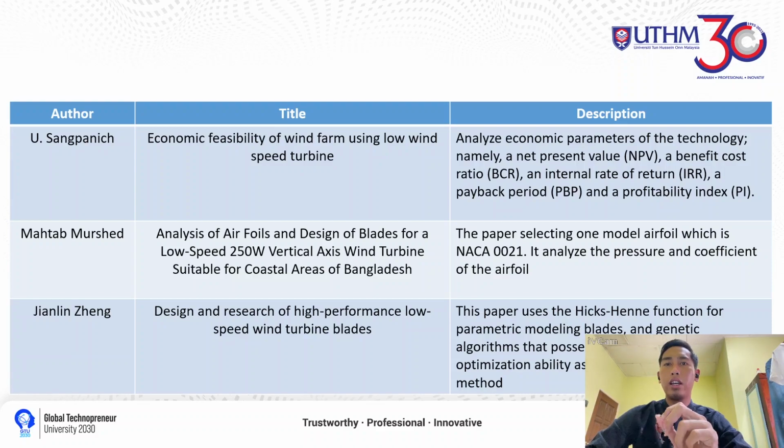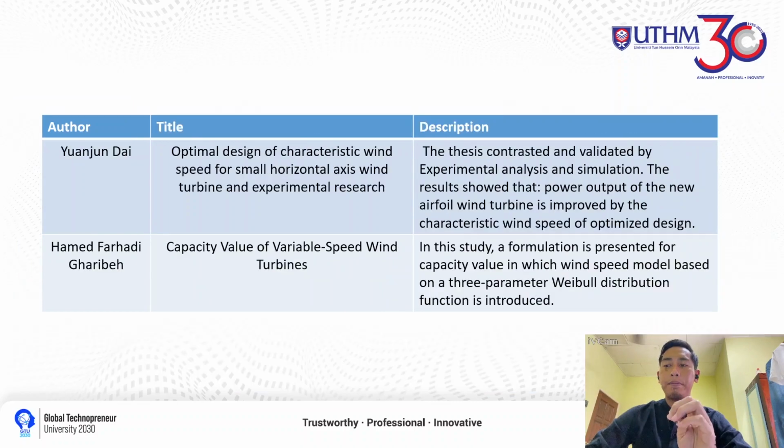Okay, lastly, from China, design and research of a high performance low speed wind turbine. After that, they chose the optimal design of characteristic wind speed for a small horizontal axis wind turbine, and experimental research. This thesis contrasts validity by experimental analysis and simulation.